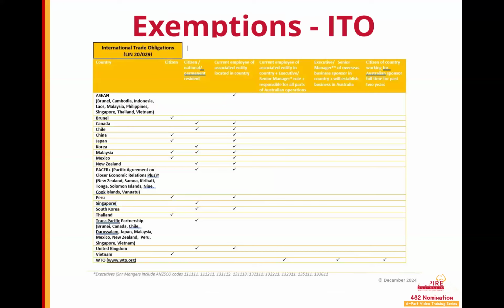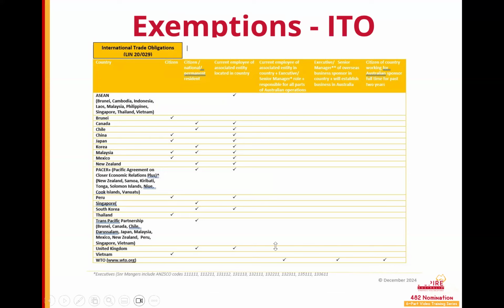International trade obligations under various agreements give rise to exemptions for labour market testing depending on occupations, nationality, and duration of service of the proposed nominee.